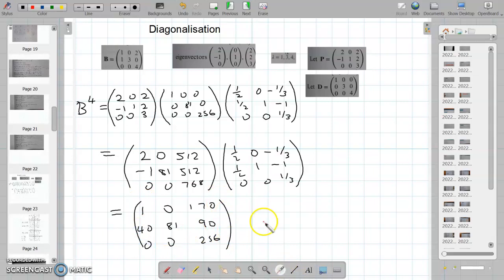This is just an illustration. In this case, it'll probably be quicker just to do b times b times b times b. So it's just for illustration. But as you can see, if the powers were high, it would definitely be a good method. Make sure you use your calculator to check everything. Okay, that's diagonalisation.